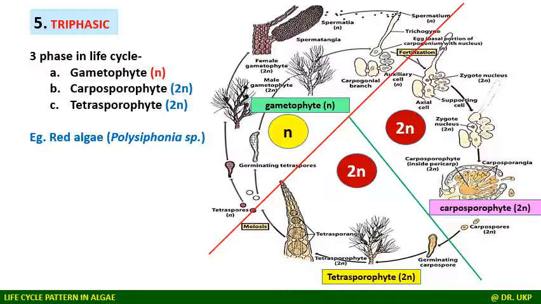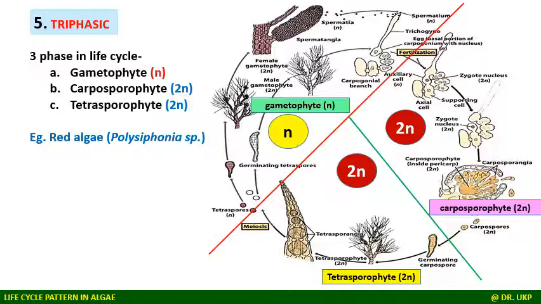Just see the female gametophyte and male gametophyte. These plants we will find in our vicinity. From the female and male gametophyte, that is the haploid phase, you will find spermatia and carpogonium.